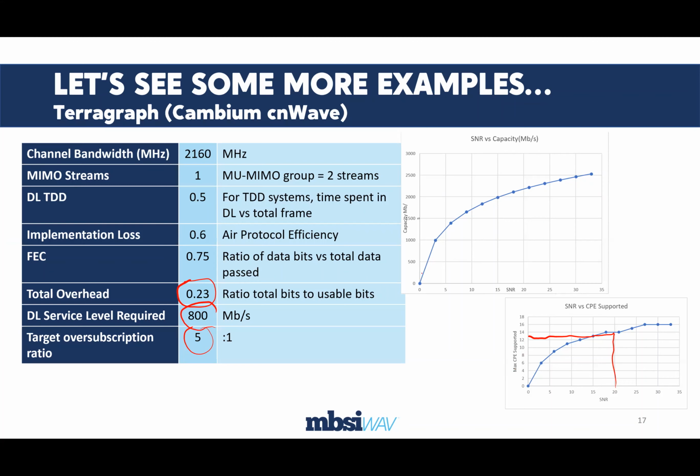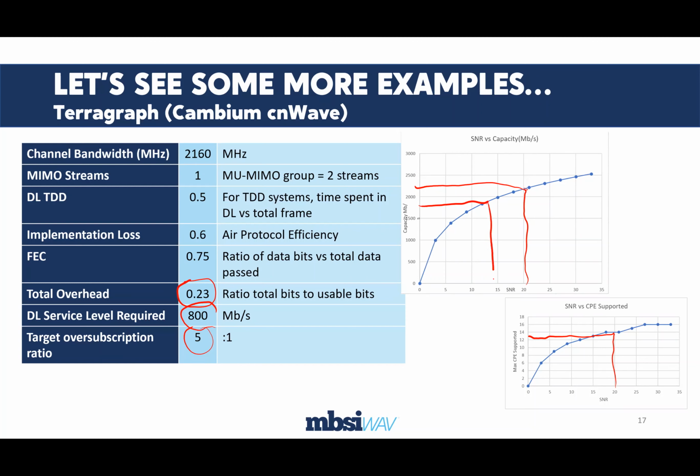And you can see our rate curve here is that if we're at 20, we're just over 2 gig in our capacity. And in fact, Terragraph touts that 1.7 gig in each direction is right about here.